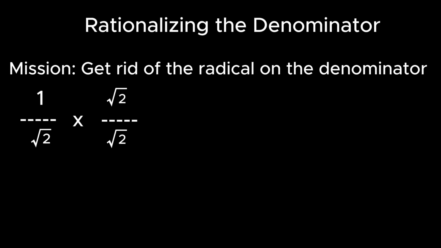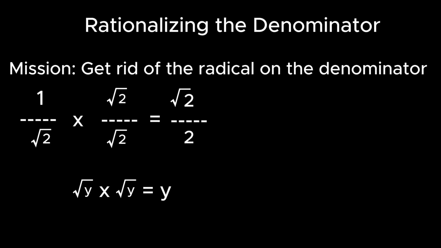So 1 times the square root of 2 is the square root of 2. And the square root of 2 times the square root of 2? Well, we know that a square root times the same square root of something is just a number without the square root.